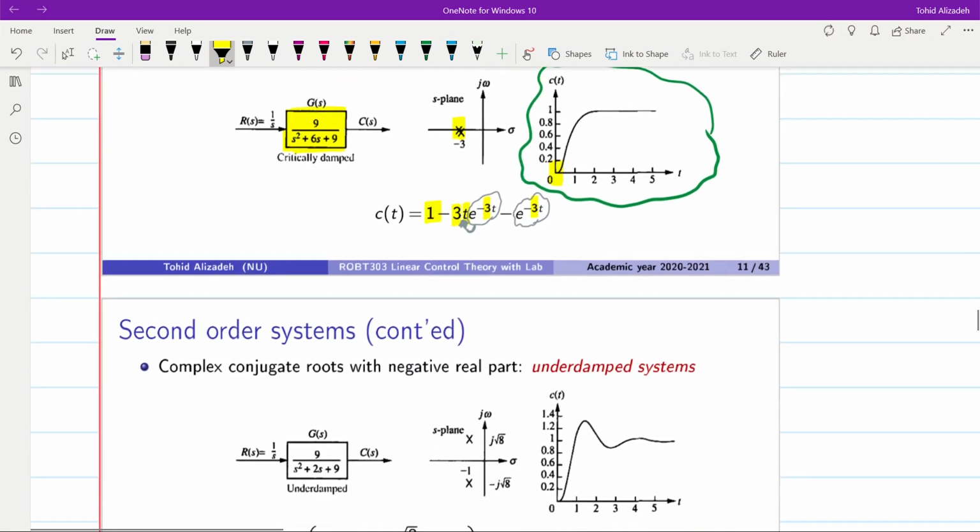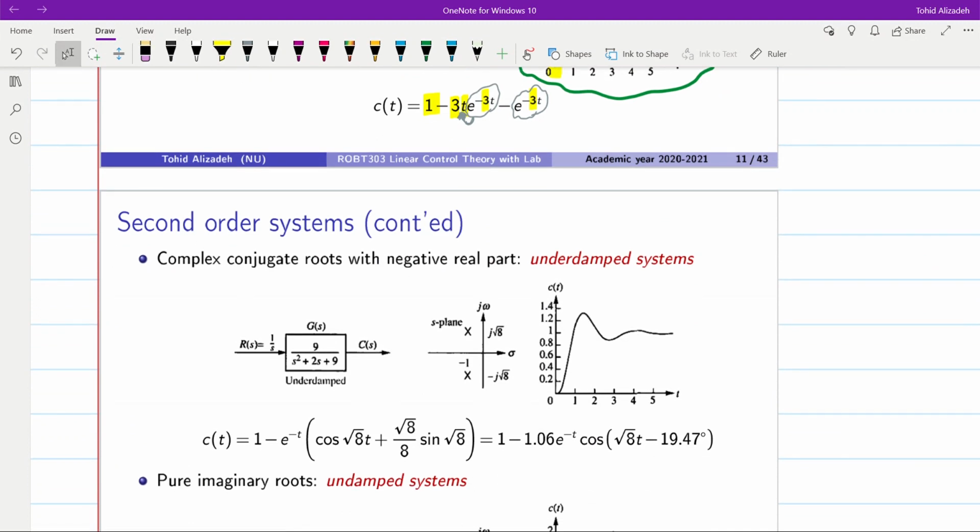The next case is when we have the underdamped systems. In the case of underdamped systems, the two poles that we have for the second order system will be located in the S-plane in the form of complex conjugate roots. They will have the same negative real value.